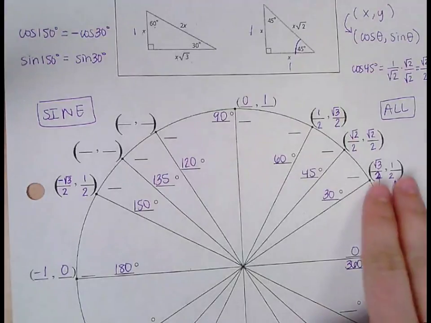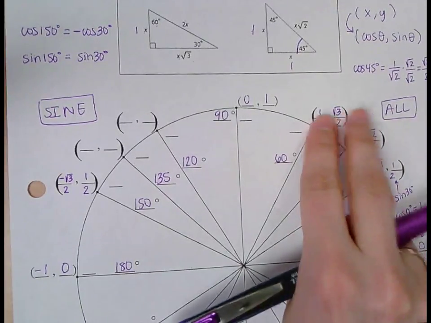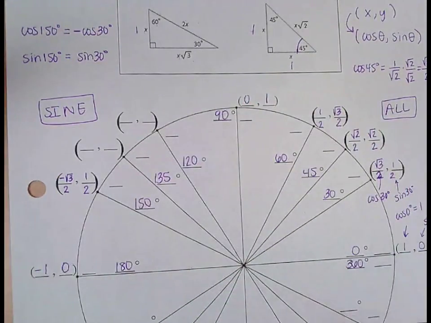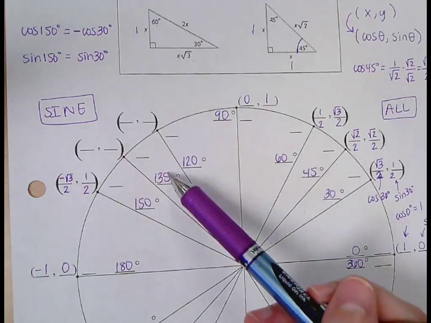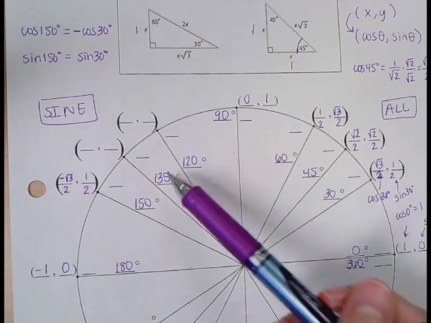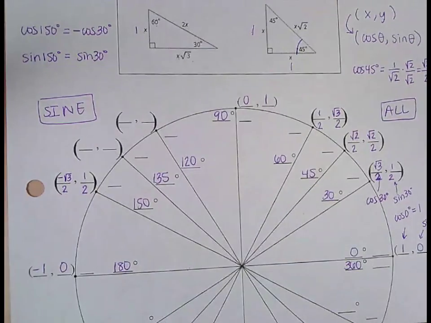Okay, so the ordered pairs that you came up with in quadrant 1 will repeat around the circle. You just have to pay attention to what signs everything should be. Should they be positive or negative? So let's go to the angle of 135. What is the reference angle for 135? 45, yep.